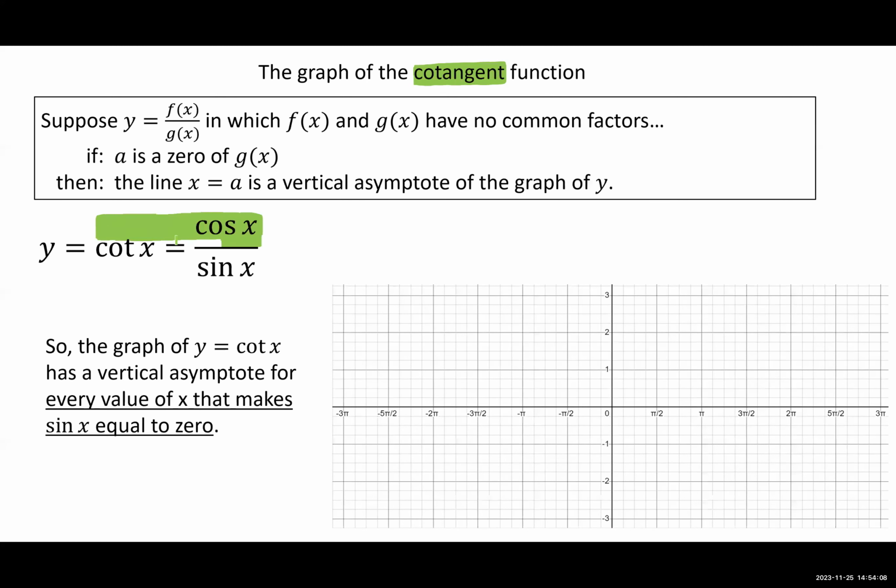The only difference is the tangent is sine over cosine, and the cotangent is the reciprocal: cosine over sine. So whenever the sine function is 0, the cotangent function gets a vertical asymptote. Whenever the sine is 0, 0 on the bottom of a fraction, you get a vertical asymptote.